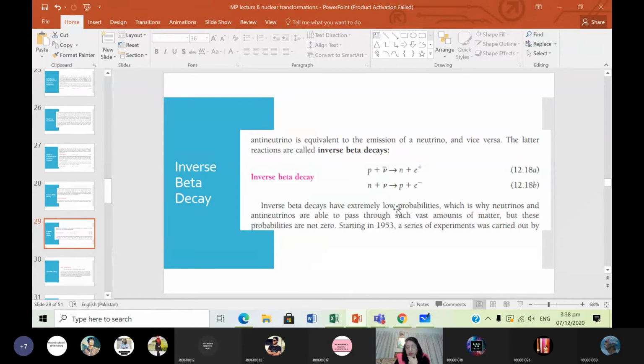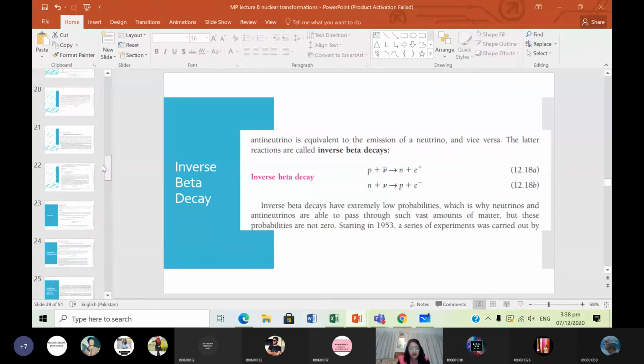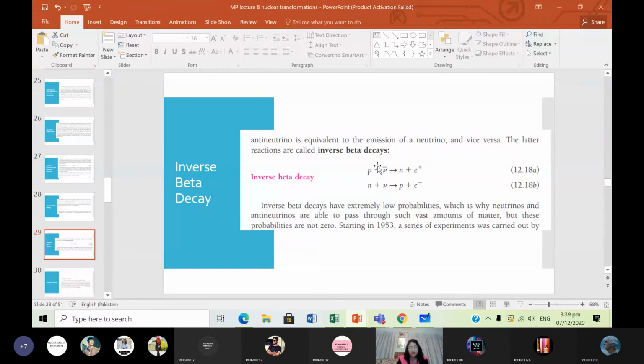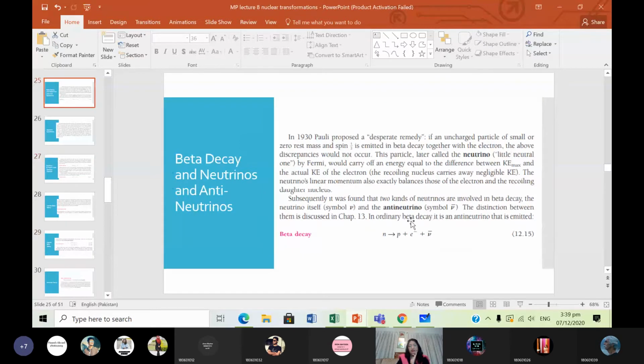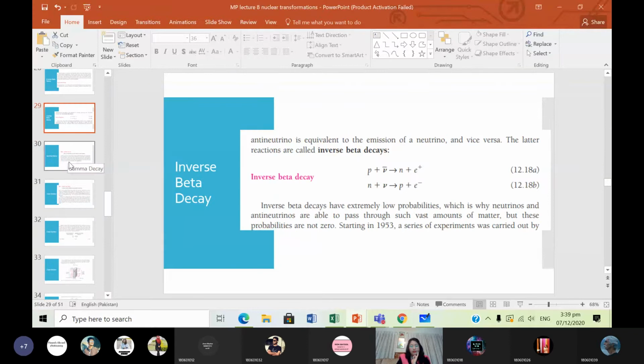Okay? So these are some of the reactions that involve inverse beta decay. Inverse beta decay involves antineutrinos at the beginning of the reaction. On the other hand, positron emission and electron capture release neutrinos, and beta decay releases an antineutrino. So these are some important reactions that you should know.